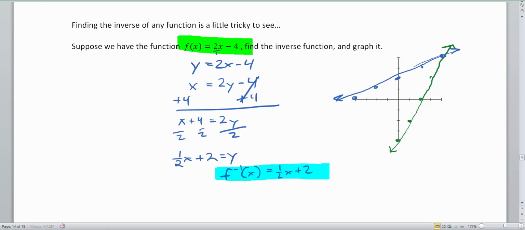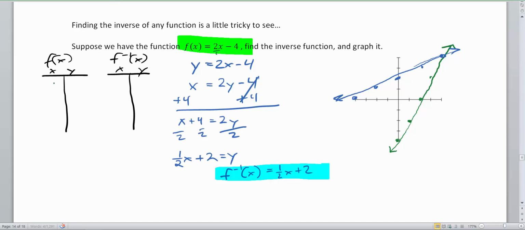But here's what I want to do in my last example. I want to plot these green dots and plot these blue dots on this table. So this is going to be my f of x table for my x and y, and this is going to be my inverse table for my x and y. And I want you to see what you see and see why did I do this, right?